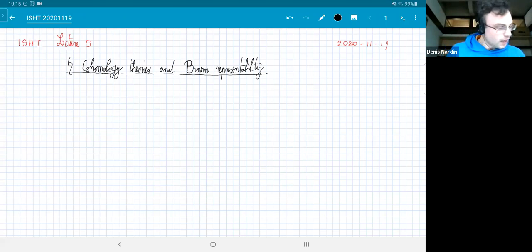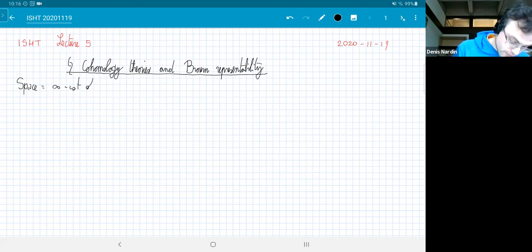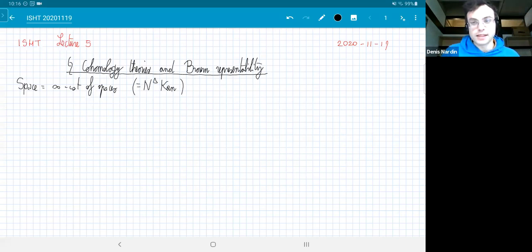Okay, let me quickly remember a bit the characters that will appear today. We're going to have this space, the infinity category of spaces, and remember, we formally defined it as the coherent nerve of the category of Kan complexes, but the precise definition is not really important for today.